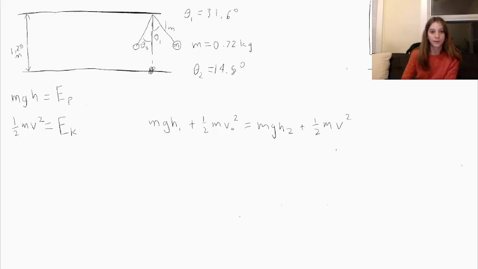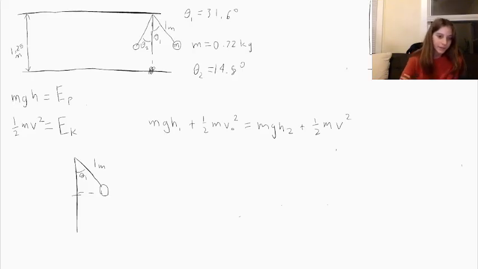So in order to find the height, let's take the initial one. This is where the rope would be at rest, and then this is our 1 meter. So this is theta 1. And we know that this side length of this triangle is going to be 1 times cosine of theta 1. Sorry, that theta looked like a 0, I'm fixing it up.